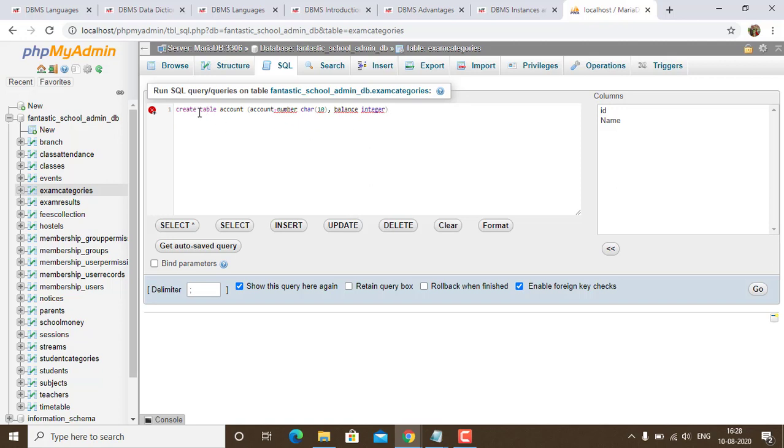Create table, the name of the table should be account. Then account number is the name of the column, followed by its definition. Then balance is another column.